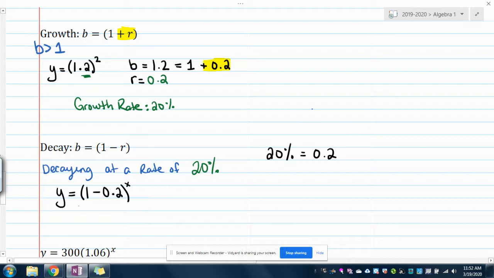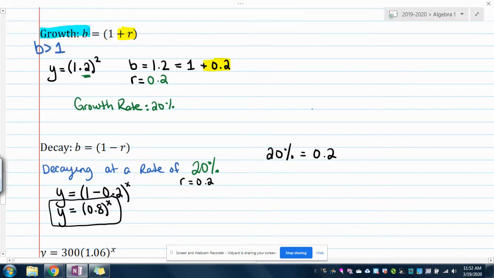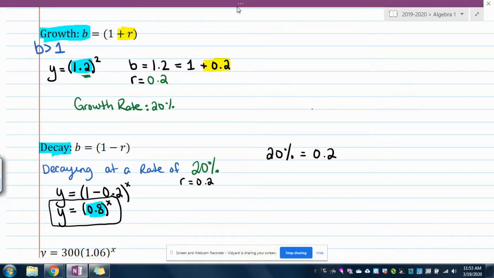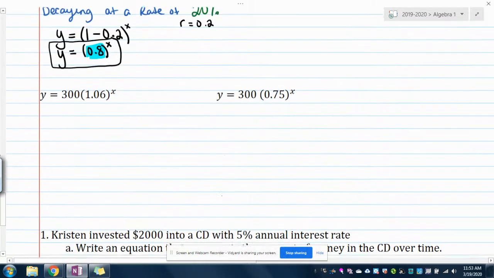And so I have 1 minus 0.2, and 1 minus 0.2 is 0.8 to the x. So r is equal to 0.2, and that is how we find that. It is really important that we notice that for growth, we had 1.2, which is greater than 1. For decay, we had 0.8, which is less than 1. If you don't find that it's following that pattern, then something is wrong.